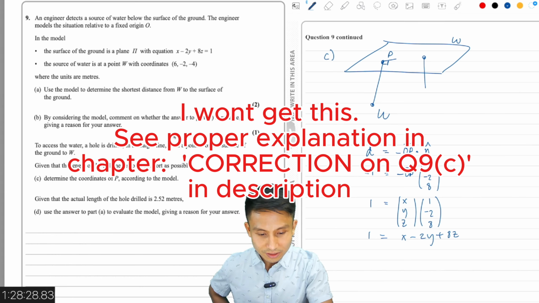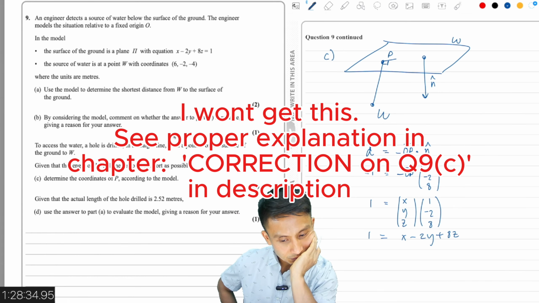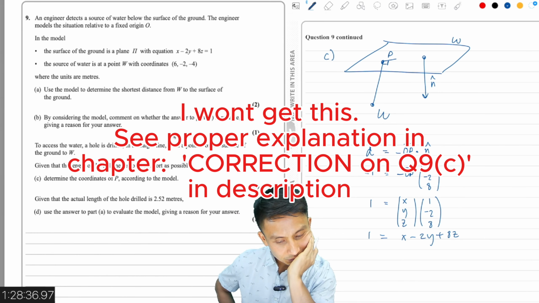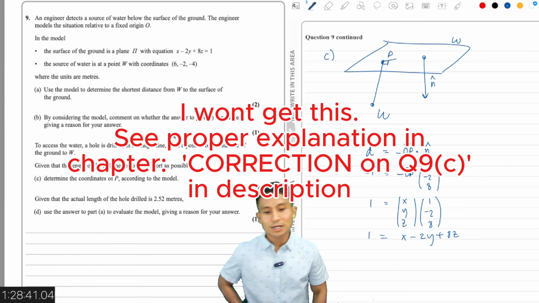Let's assume that this is a normal vector in the plane. Okay, vector PW.